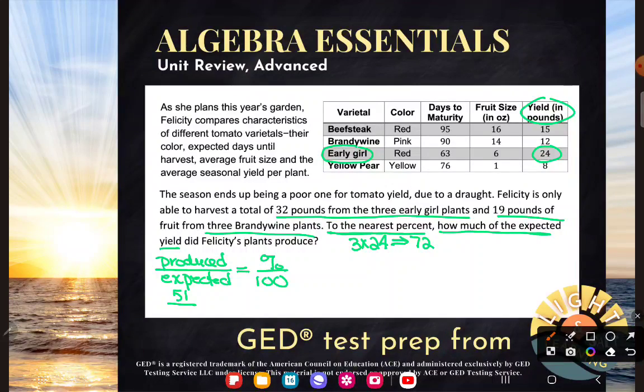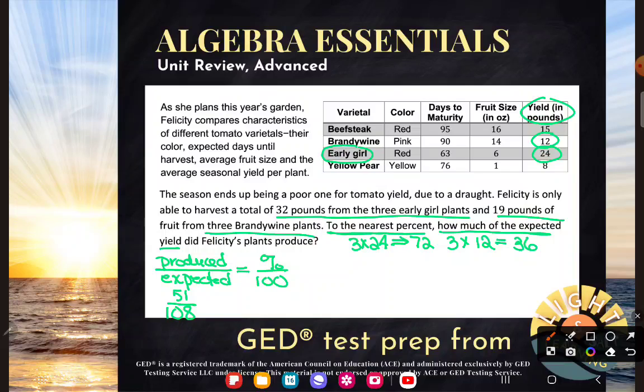And then she also had, what else did she have? 3 brandywine plants. So 3 times brandywine was expected to have a yield of 12 pounds. So 36. So she was expecting to get 72 pounds from the early girls plus 36 pounds from the brandywine. Goodness, she was expecting to get 108 pounds. She did not do well.